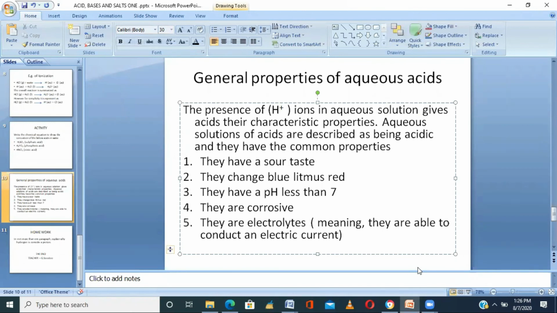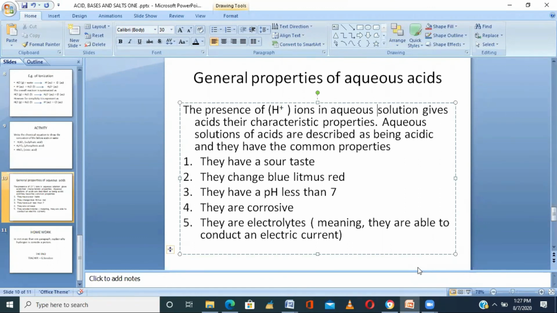An aqueous solution of acids are described as being acidic, and they have the common properties. So basically what it's trying to tell you is because of this H positive ion that dissociates in the water, this is why acids have these properties.